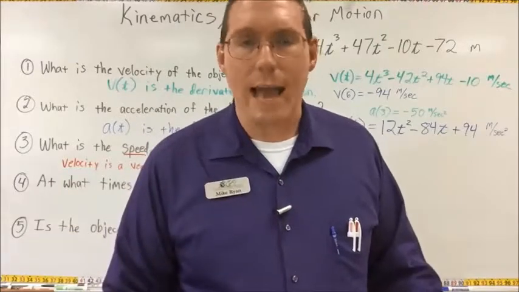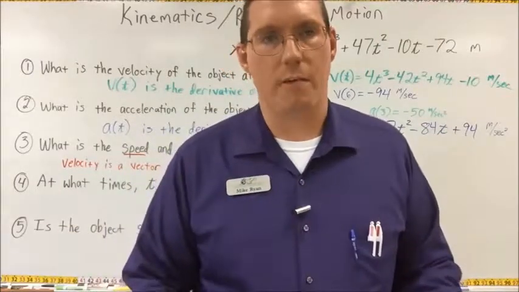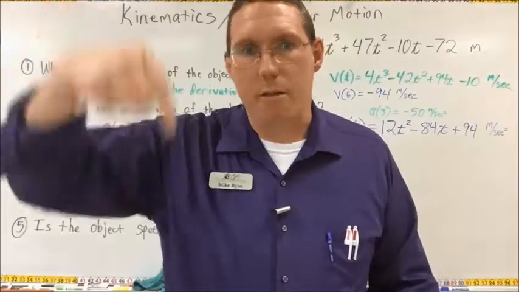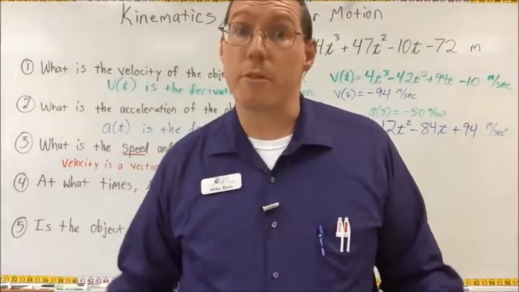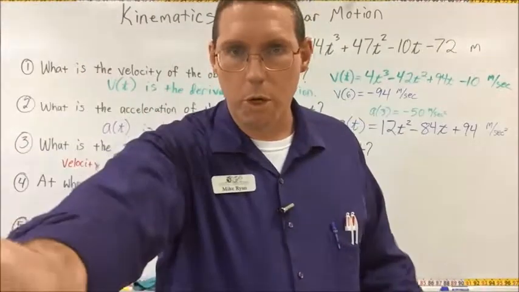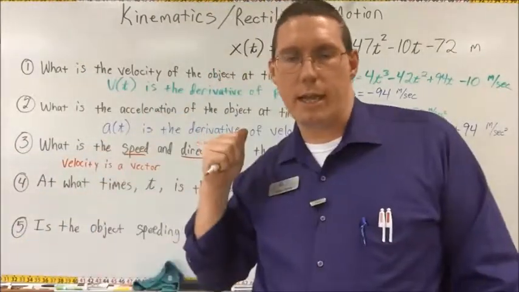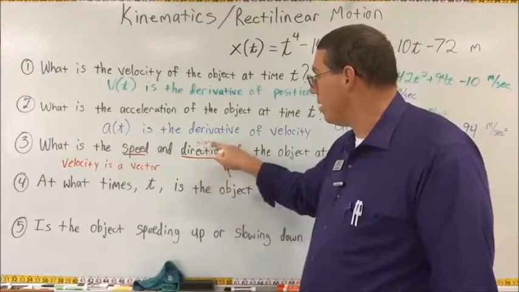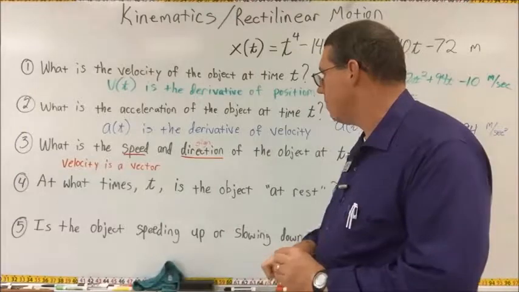If it was the y-axis, positive velocity would indicate upward. Negative velocity would indicate downward. If it was the z-axis, positive would indicate forward, negative would indicate backward. And so the direction of the object is indicated by the sign.